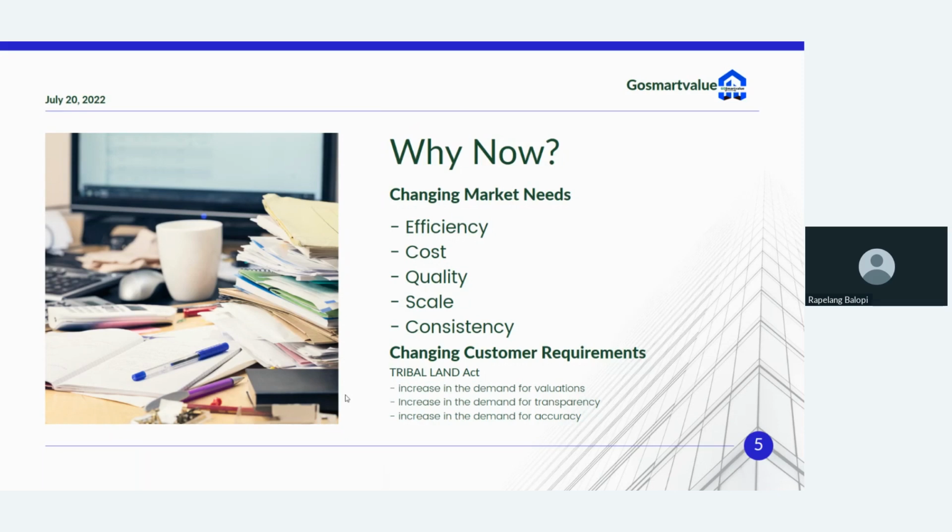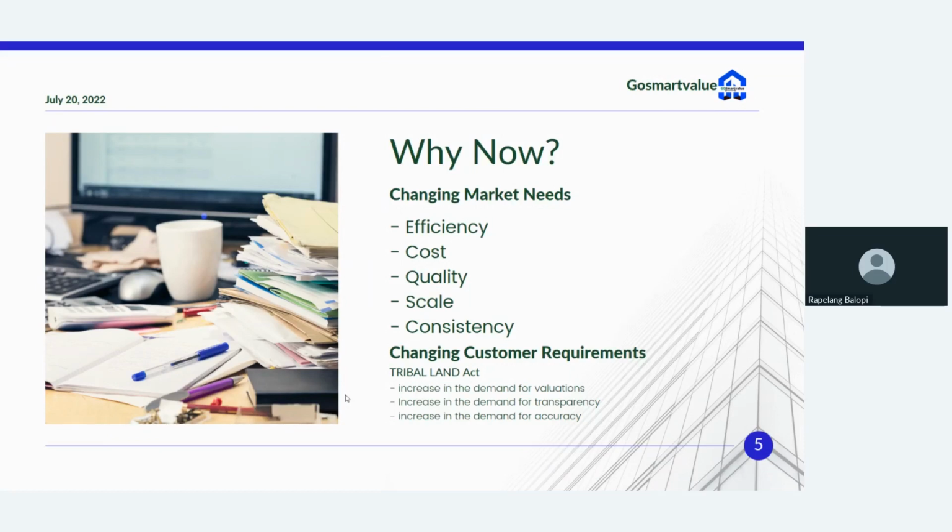In all transactions, everybody's looking to have a consistent view of their transaction so that they're treated fairly, because now we are talking about a scenario where your valuation influences not only how much funding you have, how much tax you're going to pay on that particular property, and perhaps in the near future how much rates you're going to pay on that property.